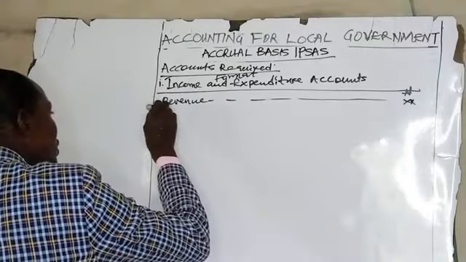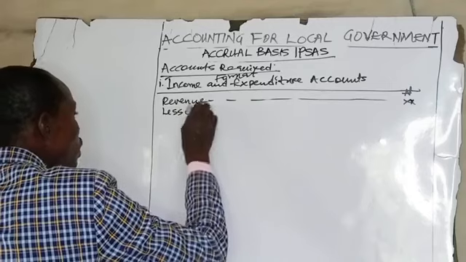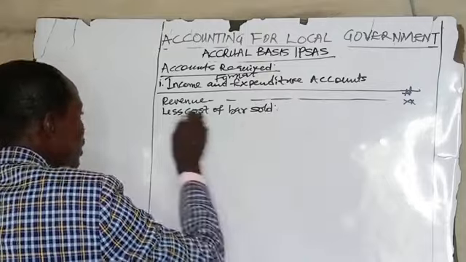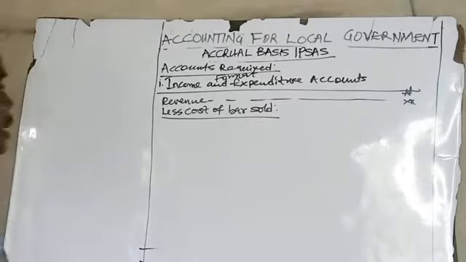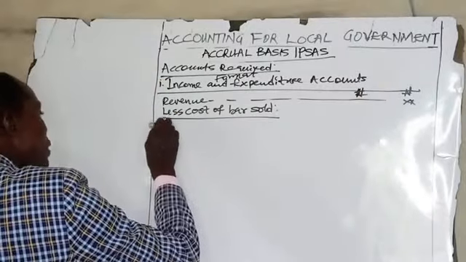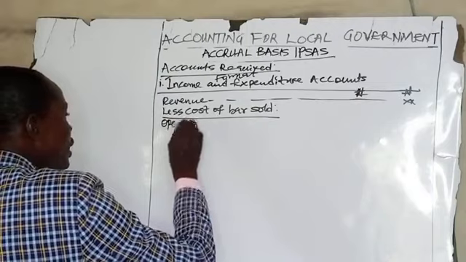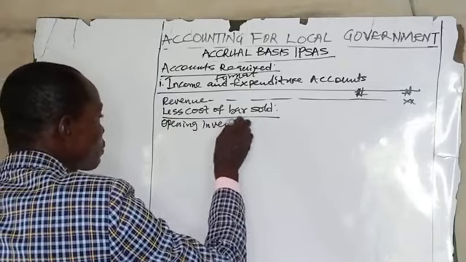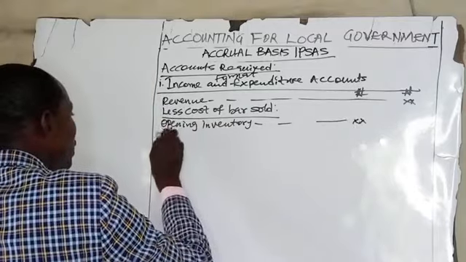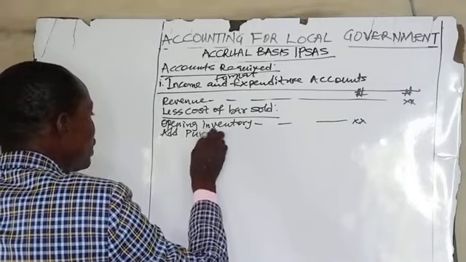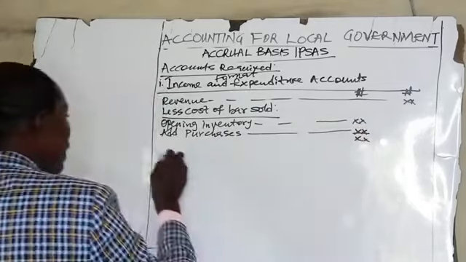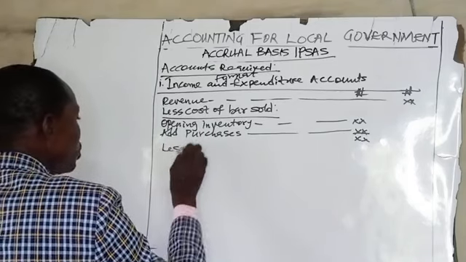Now less cost of bar sold, or cost of restaurant undertaking. To get the cost of bar sold, you have the opening inventory, you add purchases, less closing inventory.